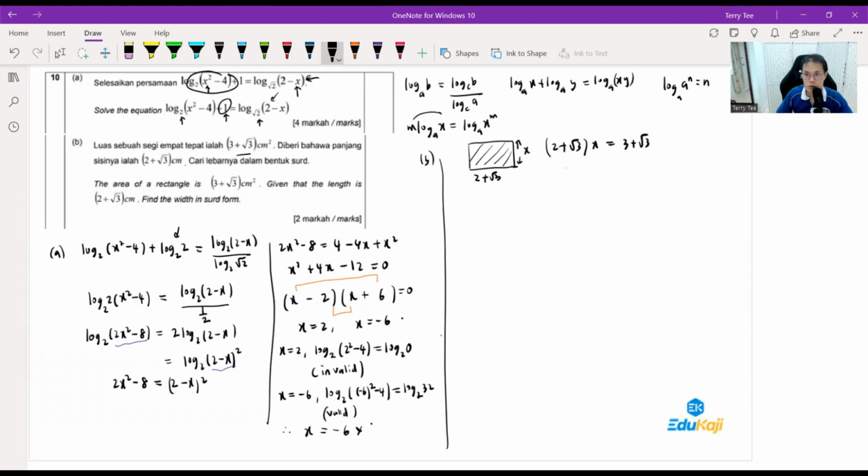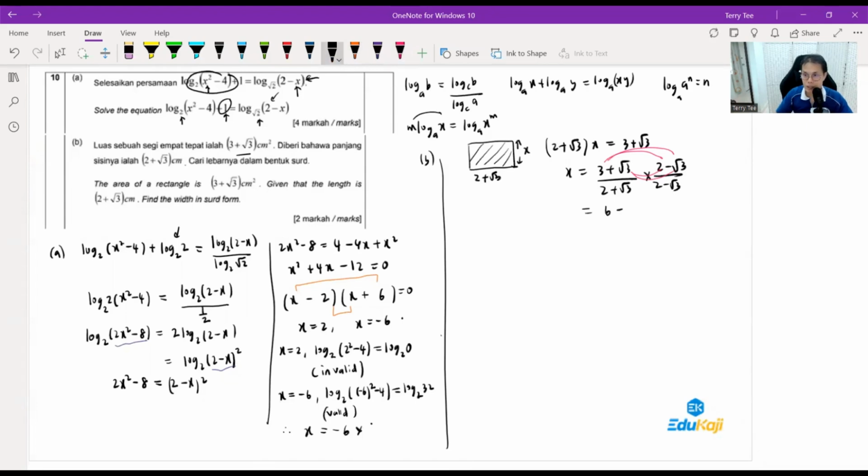What I need to do is to take this area and divide by the length. Here we have to rationalize the denominator by multiplying top and bottom with 2 minus square root 3, which is the conjugate. So let's expand the one on top: 3 times 2, 3 times square root 3, 2 times square root 3, square root 3 times square root 3. Let's expand one by one.